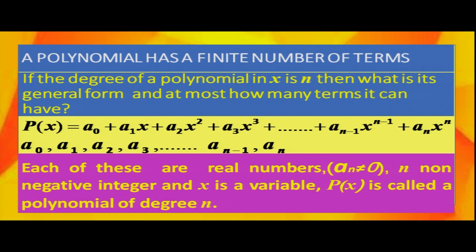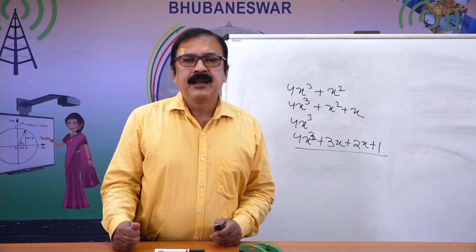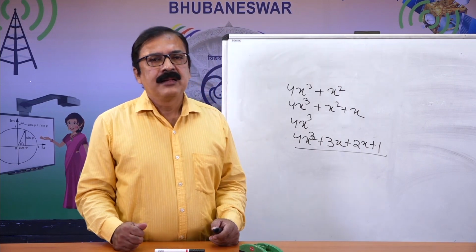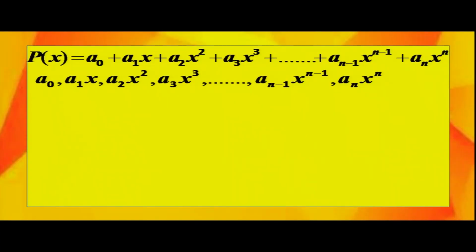Here p(x) is called a polynomial of degree n. This polynomial has terms a0, a1x, a2x square, a3x cube, and in this way a(n minus 1) x to the power n minus 1, an x to the power n. What are these?